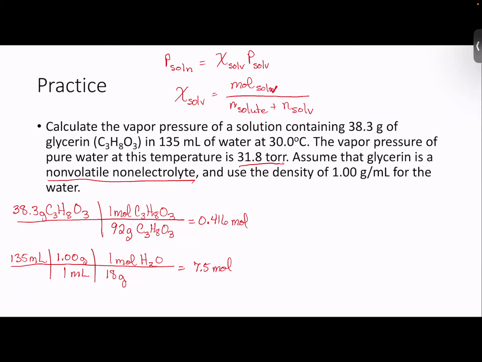Now that I have the moles of solute and the moles of solvent, I can get the mole fraction of my water. It's going to be equal to the moles of water, which is 7.5 moles, divided by the moles of solute plus the moles of solvent. Which I get 0.947.